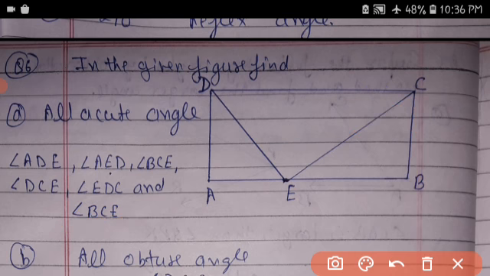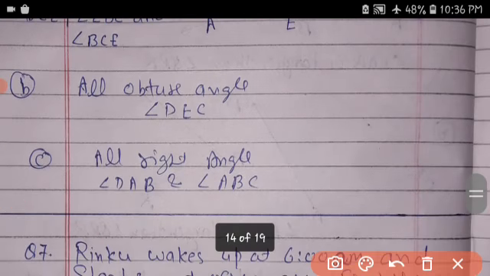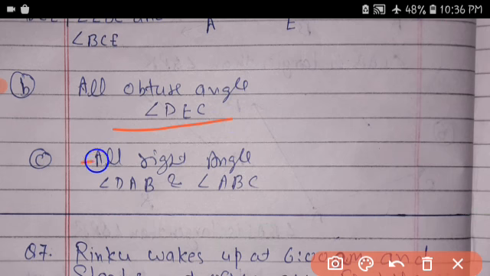These are acute angles. The only obtuse angle is DEC. The right angles are angle DAB and angle ABC.